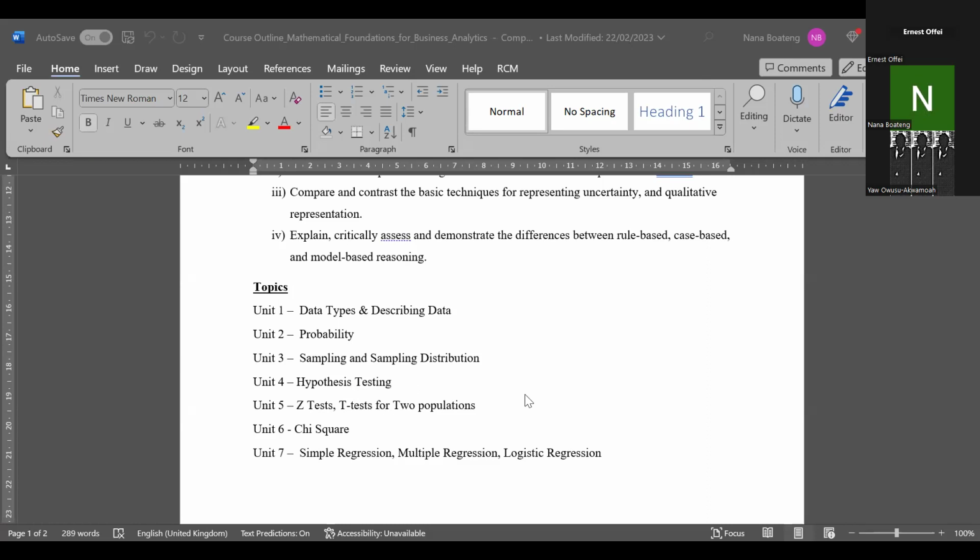Okay. All right. So yeah. So this is what we will do. Why, the ones that we did, is it difficult? The descriptive analytics that we did. All you have to do is to practice and then understand. Okay. All right. So let's zoom straight into data types and then describing data.